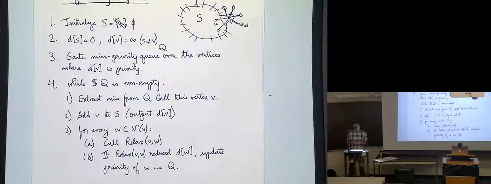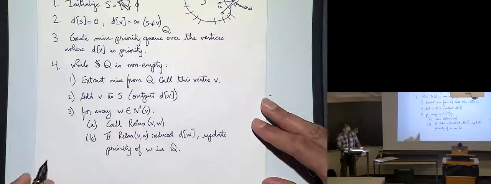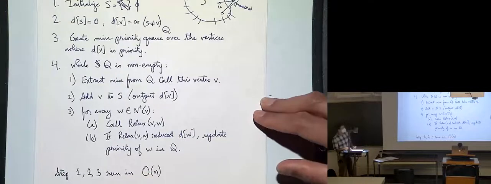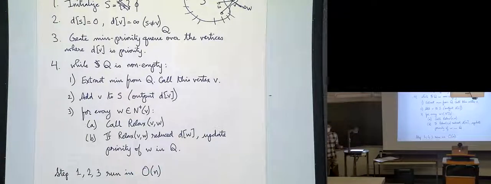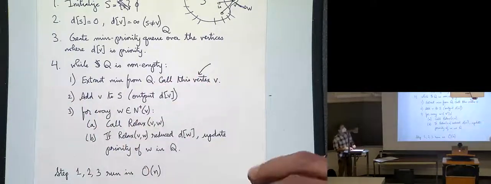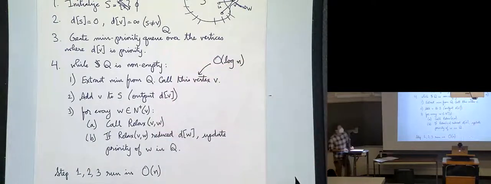Okay, so let's just look at the running time. The running times are steps 1, 2, 3. It's just O of n. You can build a priority queue over a bunch of things in linear time. This step over here is going to cost you log n.